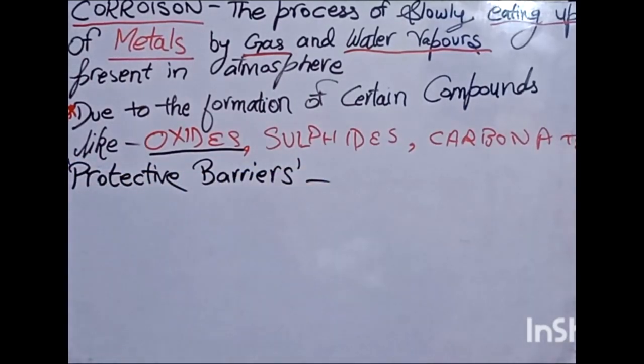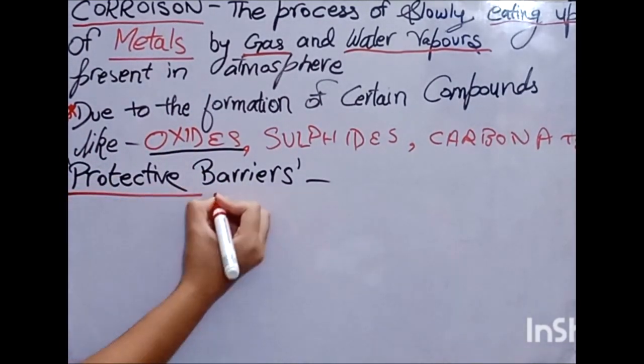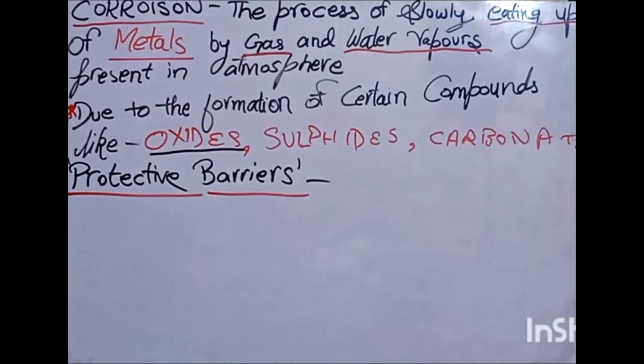They can give you this कि what are the protective barriers of corrosion. So you must remember this term, protective barriers. ठीक है. So protective barrier, what does it mean? कि how we can save our metals from the formation of these compounds या from the process of slowly eating up of metal. हम कैसे अपने metal को बचाए कि corrosion हो ही ना.